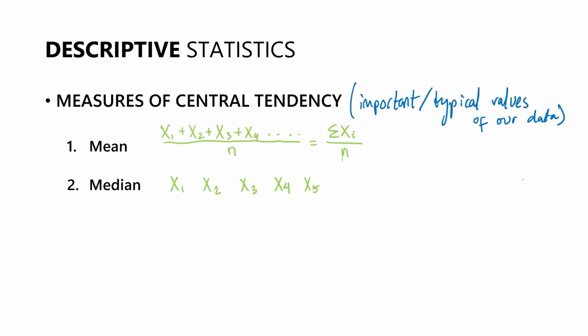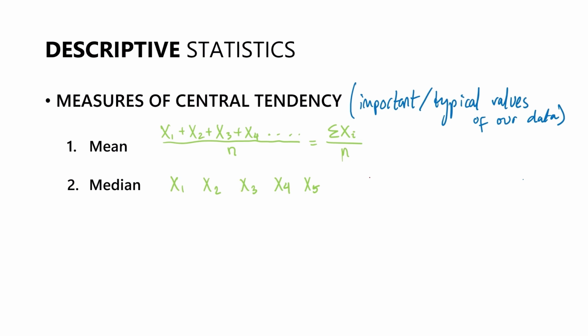And let's assume that these are sorted from lowest values to largest values. So if the number of values is odd, such as in this case, the median would just be the middle number, which is x3.